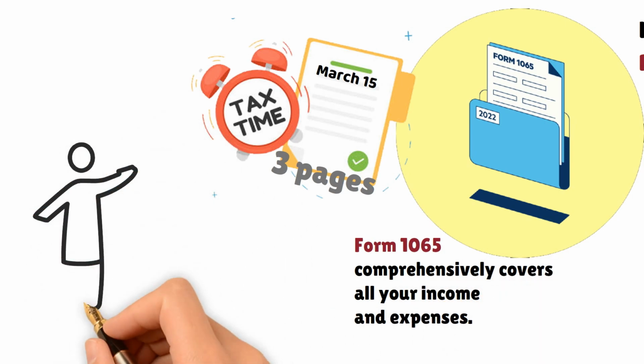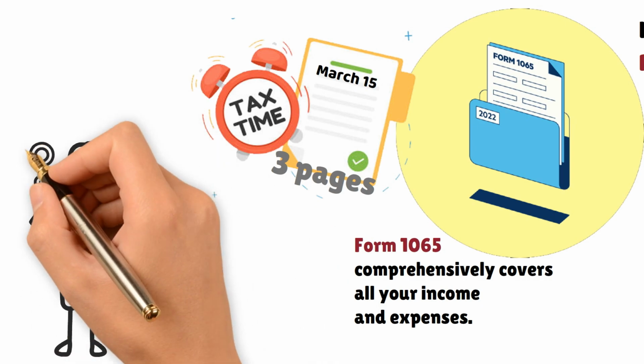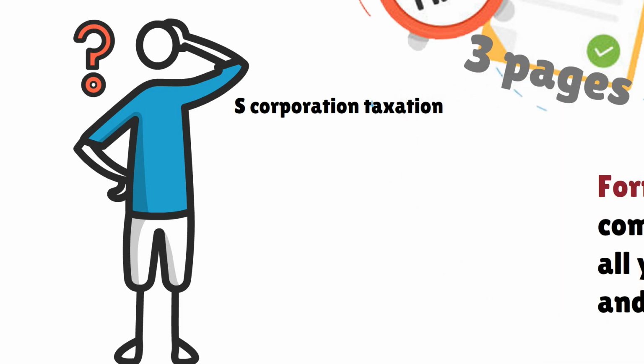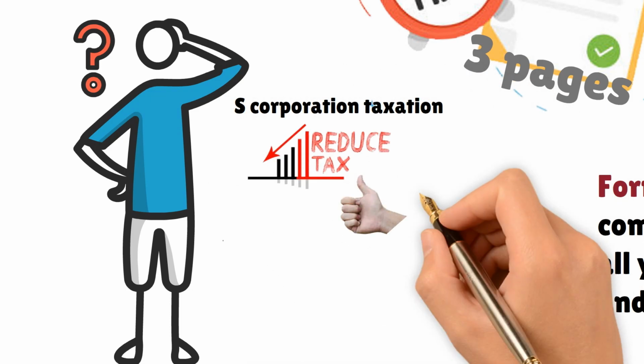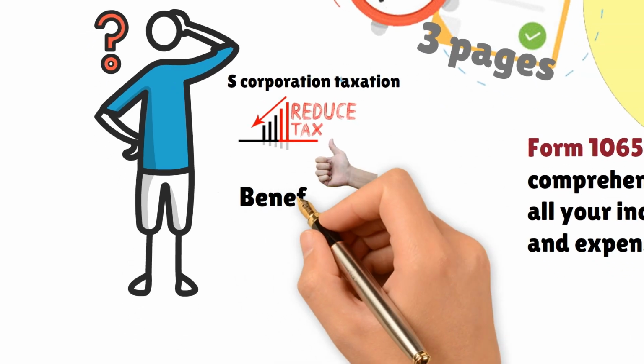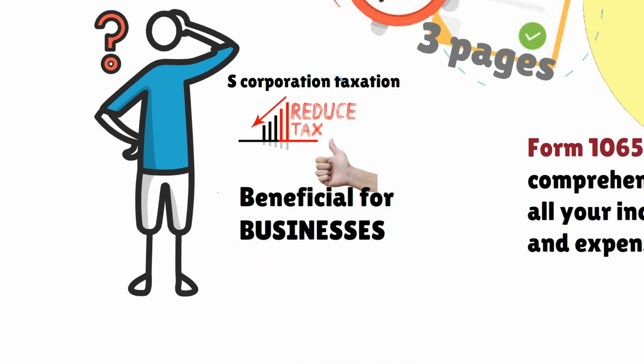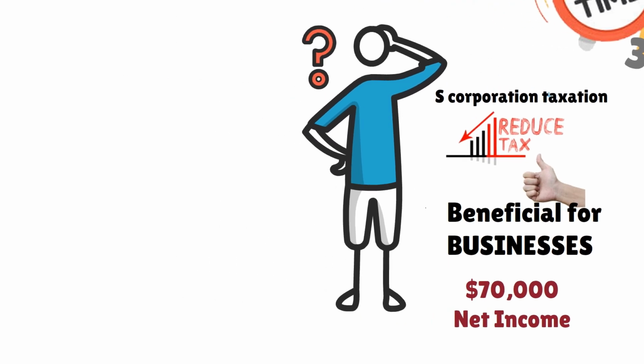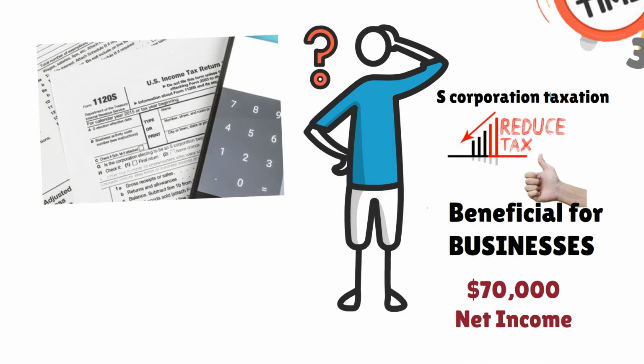Now, whether you operate a single-member LLC or a multi-member LLC, if you've opted for S-corporation taxation, a choice that can reduce self-employment tax, particularly beneficial for businesses earning over $70,000 in net income, you'll need to file Form 1120S, the income return for S-corporations.